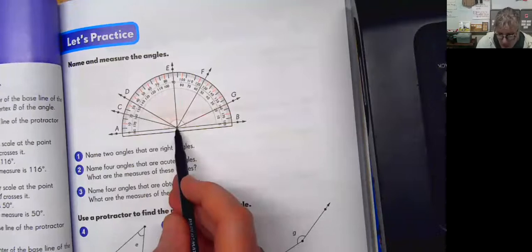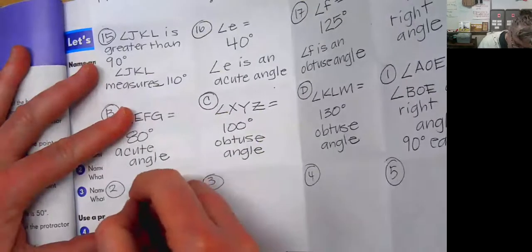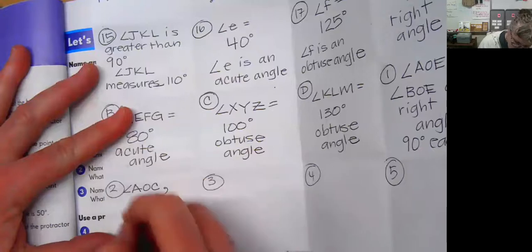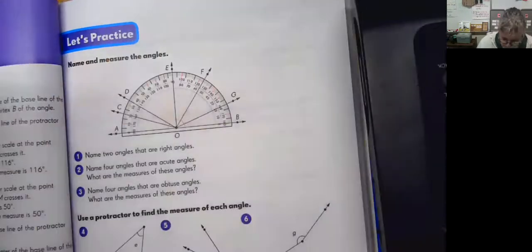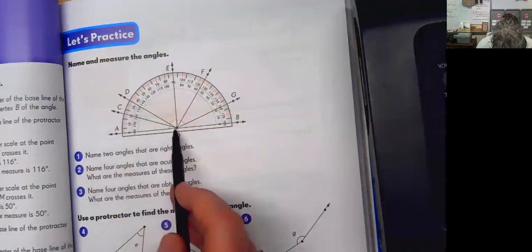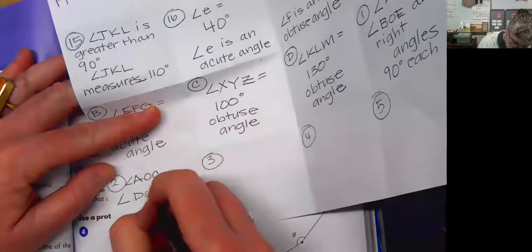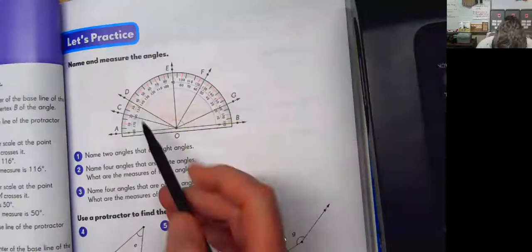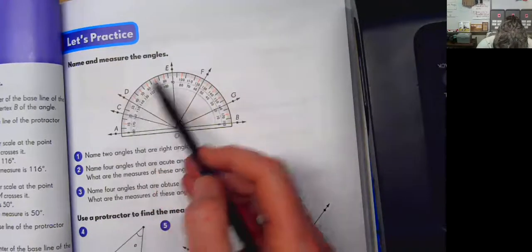We have to remember that the O always has to be in the middle of all of these. So we're going to call it angle AOC. And then we're going to do angle DOC. And then we could do EOD.